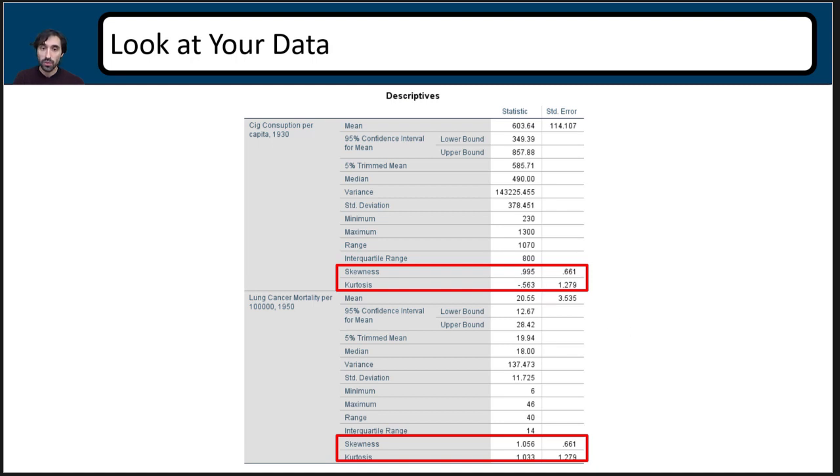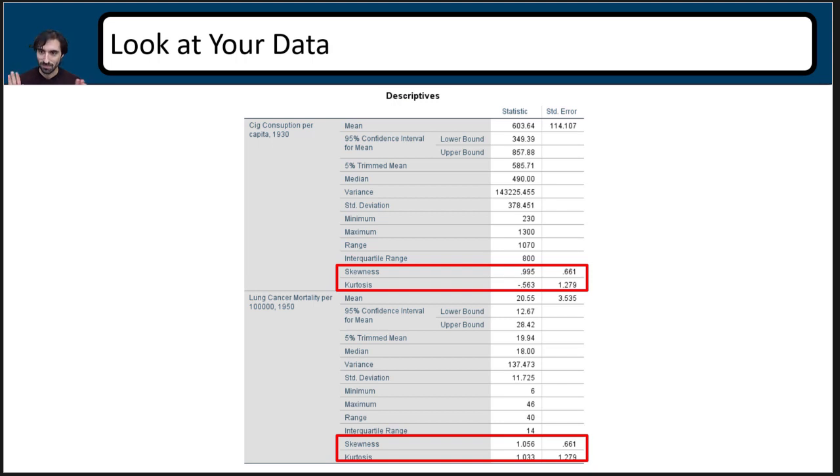So if you like, you can always divide the skewness by the standard error. And if it's below 1.96, that magic number, what is that? That's 2 standard deviations away from the mean. Then we don't want it to be above or below that.